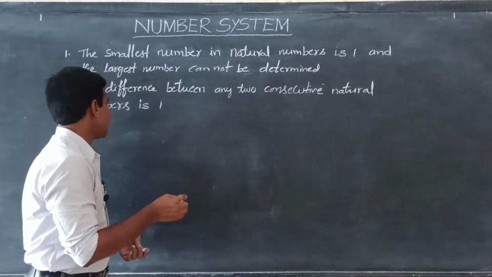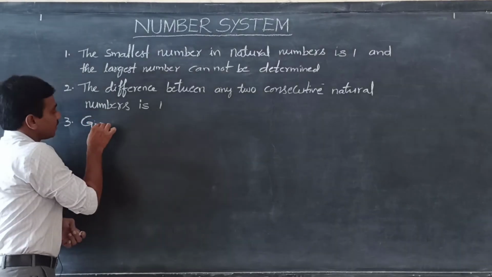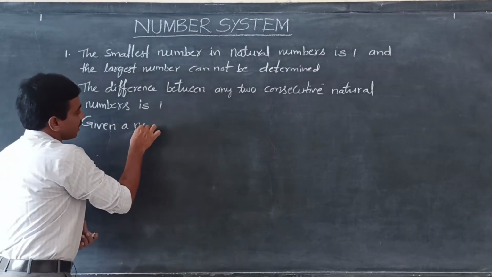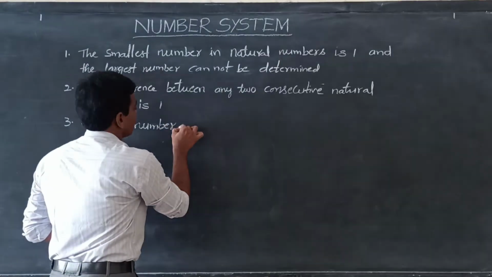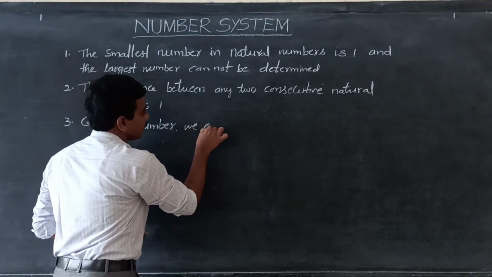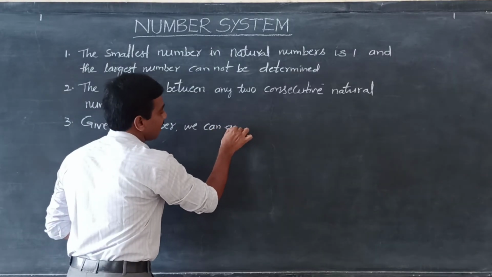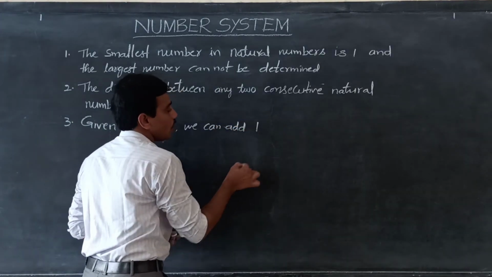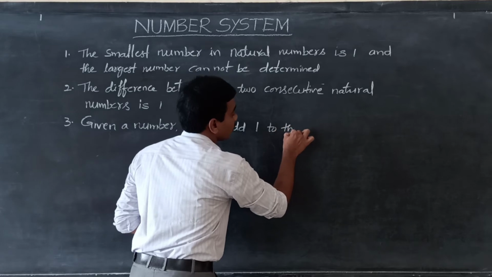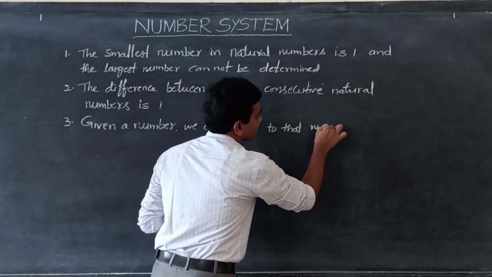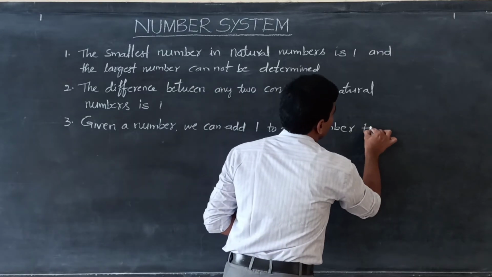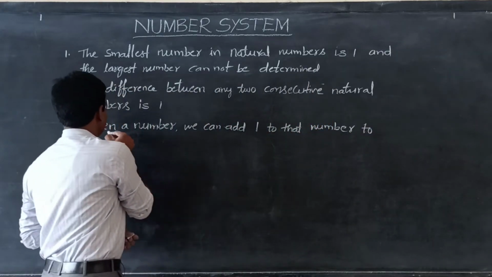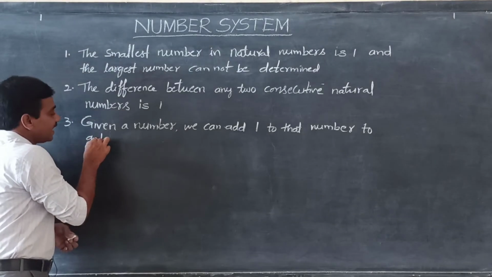That means, given a number, we can add 1 to that number to get its successor.